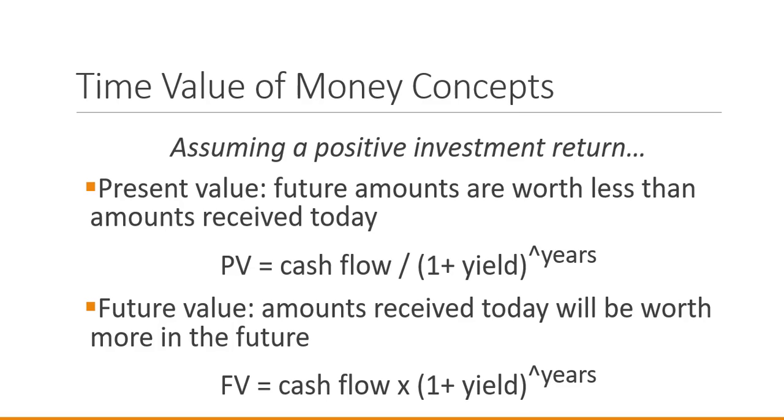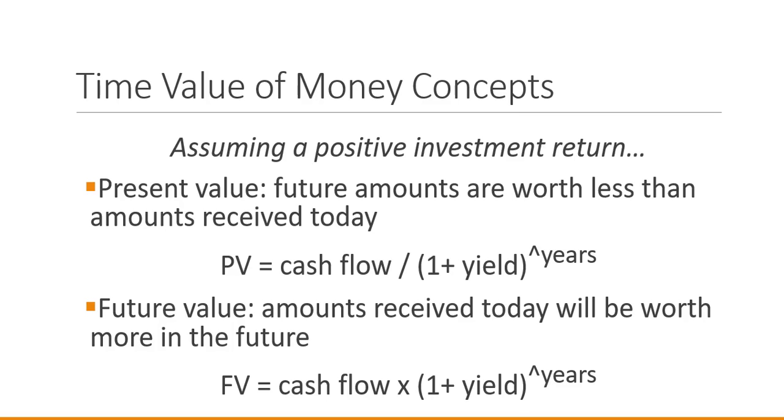Present value means that if we're looking at a dollar amount that we will receive in the future, we need some kind of process or calculation to reduce the value of that dollar amount, to discount the value of that dollar amount so that it is equal to an amount of money that we have access to today.